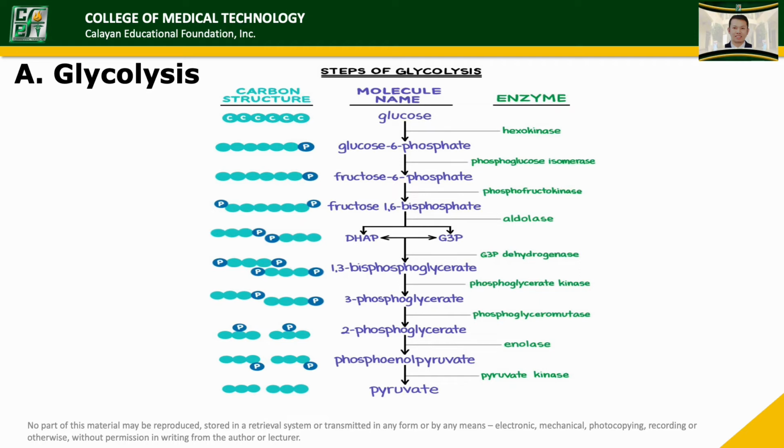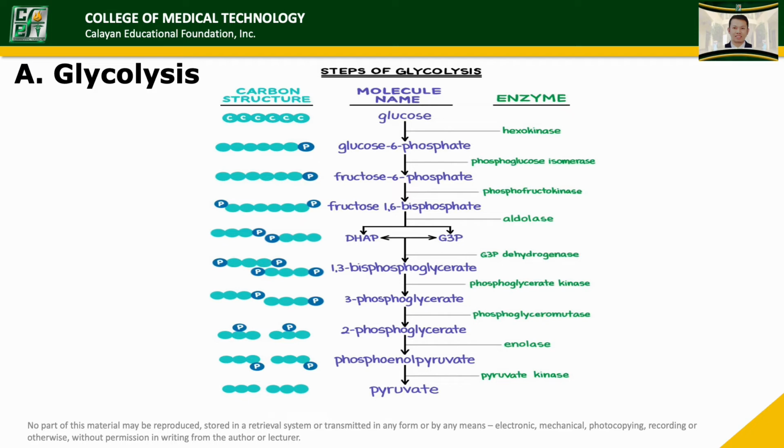Same thing with fructose 6 phosphate. From glucose 6 phosphate, it is converted to fructose 6 phosphate because of the instability of the glucose 6 phosphate molecule. And then there's another bombardment of ATP, getting one phosphate group.